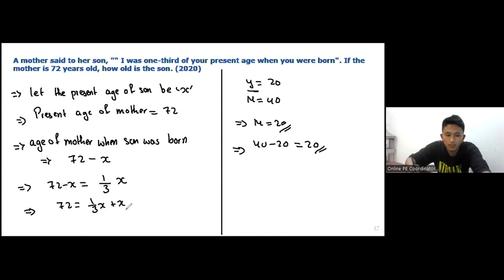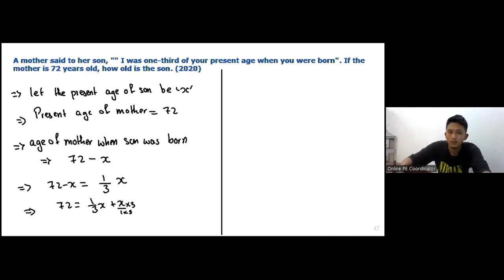Make a common denominator: the denominator is 3, and I multiply the x by 3 as well. So 72 equals 1/3x plus 3x by 3, so 72 equals 4x by 3, since 1x plus 3x equals 4x. The common denominator was divided by 3.